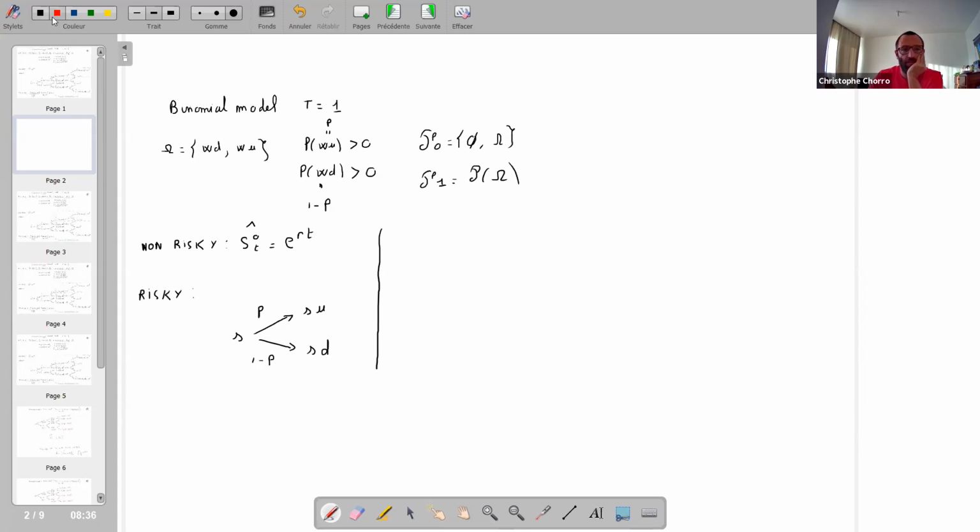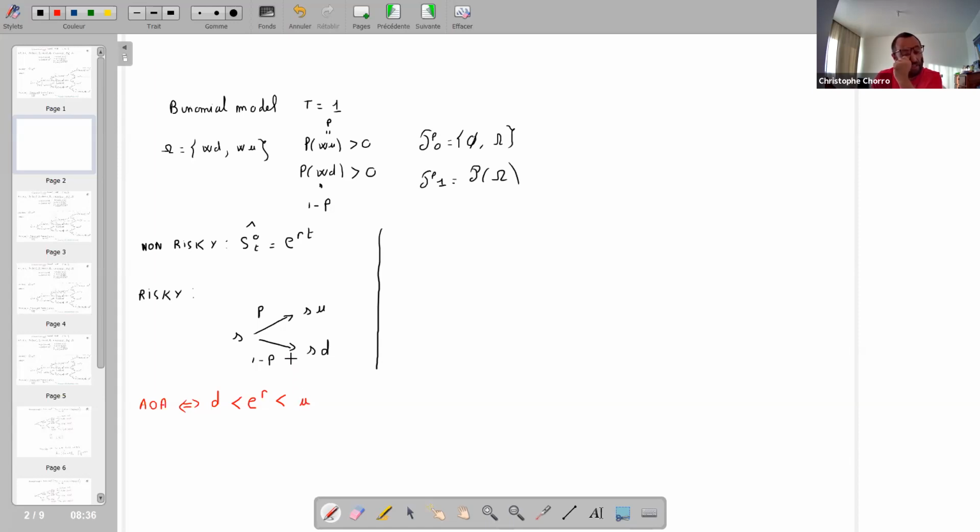And we have seen that in this framework, absence of arbitrage opportunity is equivalent to the return of the non-risky asset being strictly greater than the return of the risky one in the worst case, and strictly less than the return of the risky asset in the best case, that is U here.